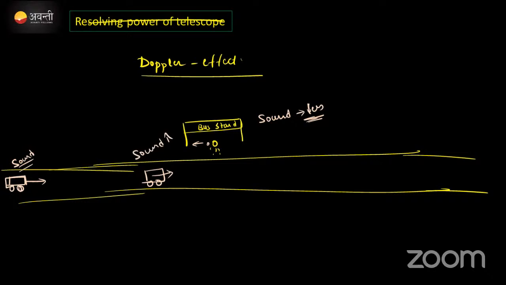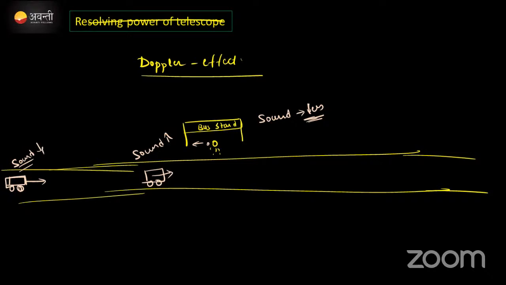Then does it mean that when the bus approaches towards you, it is making more sound? No. The sound of the bus which is emerging from the vehicle, it is the same at all points. But here one of the effects you are going to observe is that when the bus is very far away, you will hear the sound is less.